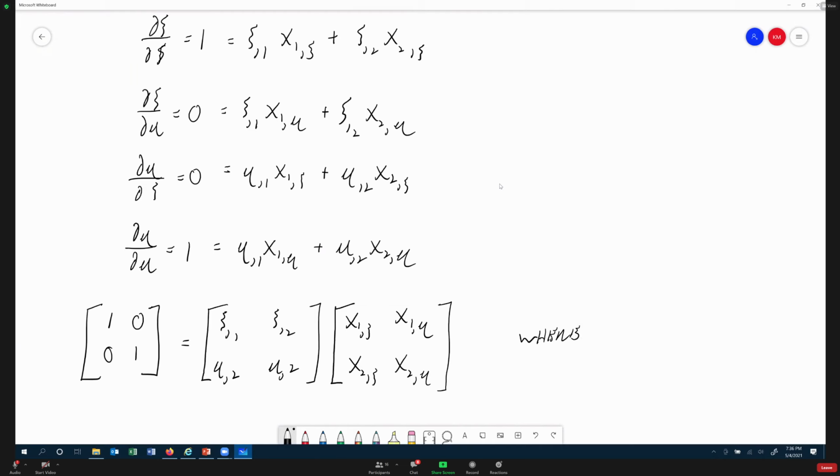As a reminder, C comma 1, C comma 2 is our inverse transpose Jacobian.